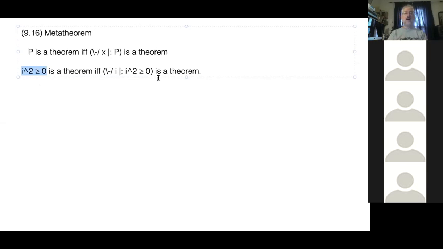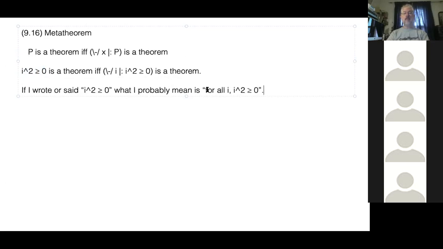So to formalize a statement, if I wrote or said i squared is at least 0, what I probably mean is for all i, i squared is at least 0, right?